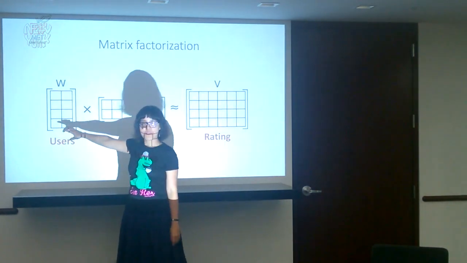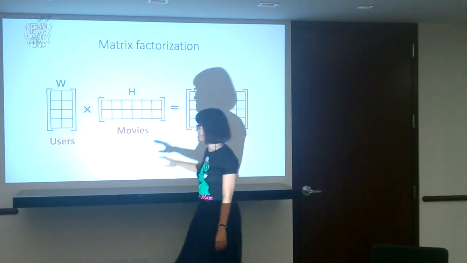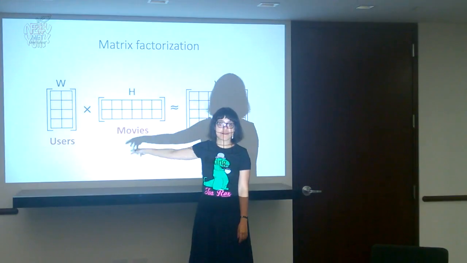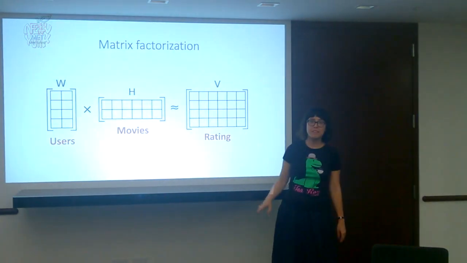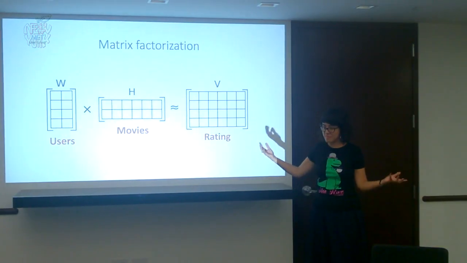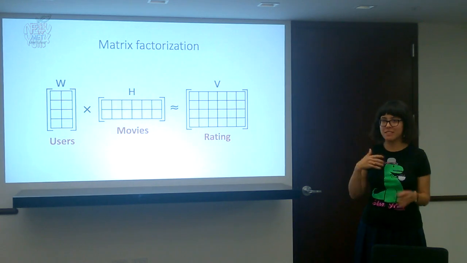Each row in this small matrix represents a user, and it has the same number of rows as the rating matrix. And the second matrix represents movies, where every column represents one movie.